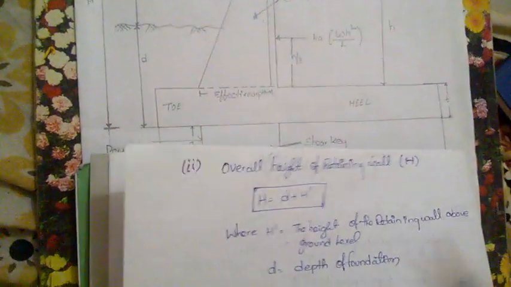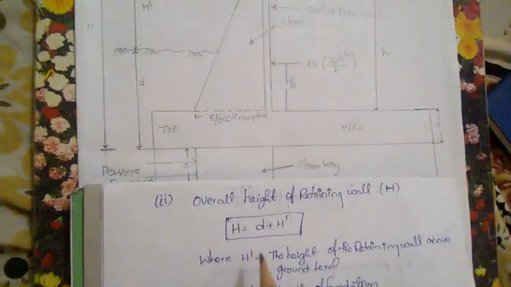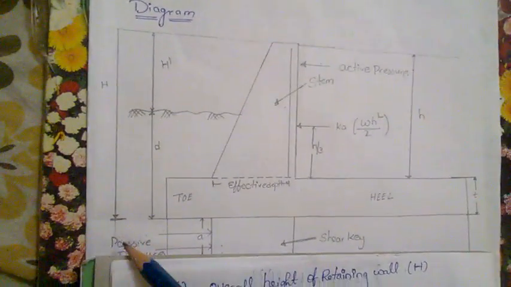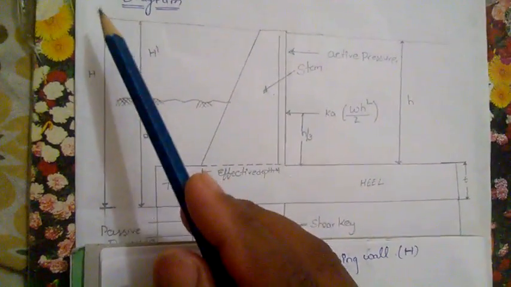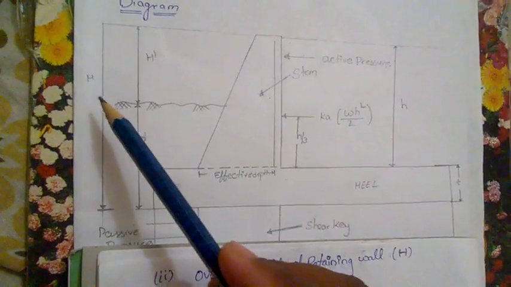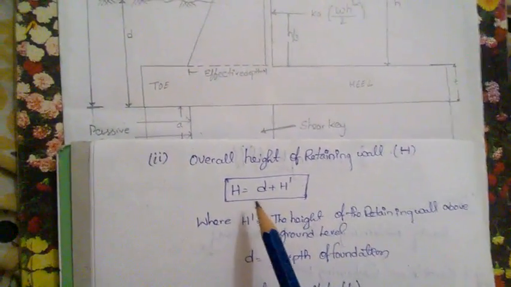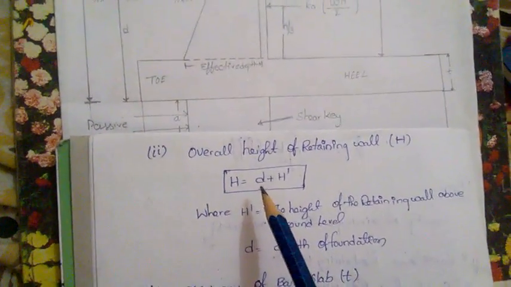and now the second step, the overall height of the retaining wall, h. In this diagram we can find that from here to here, this is the overall height of the retaining wall. Here h is equal to capital H is equal to small d plus h dash.